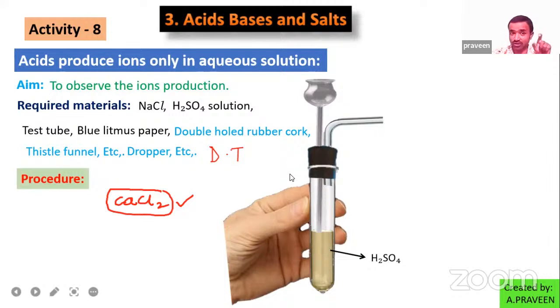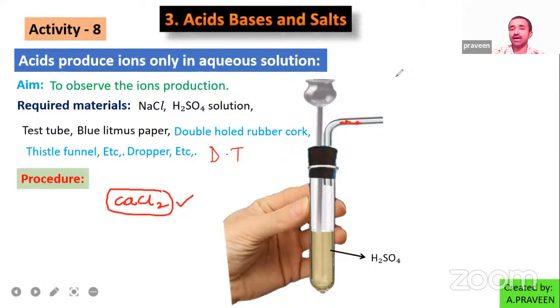It is used to dry, that means making the liberated gas dry. That liberated gas passes through the delivery tube. So I have to dry this gas before delivering it through this tube. So I can place that anhydrous calcium chloride in the delivery tube. While passing, the gas can be dried.